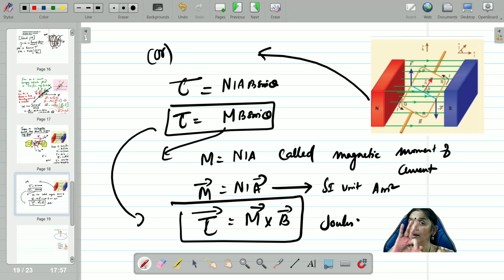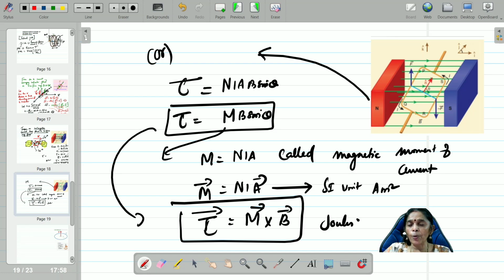So let me give you three important things, three tips. Number one, a charged particle moving in the presence of a uniform magnetic field experiences the magnetic Lorentz force, F is equal to BQV sin theta. That is for the charge. For a current carrying conductor, F is equal to BIL sin theta.